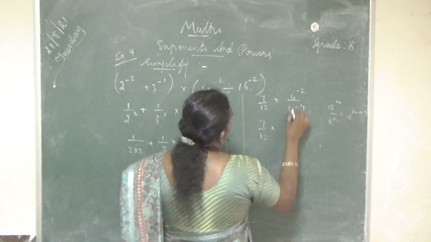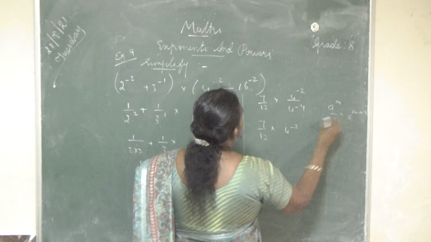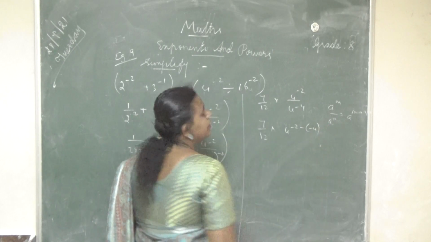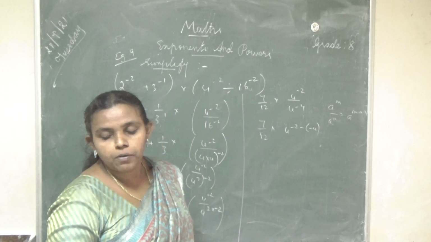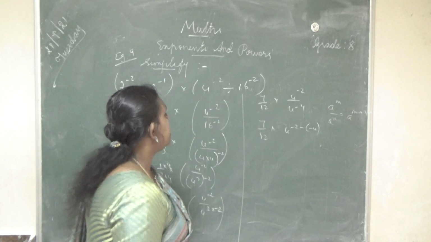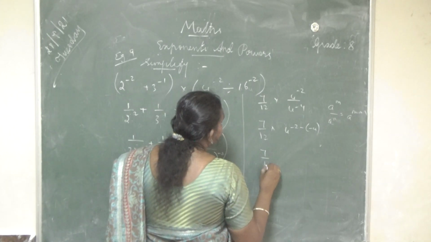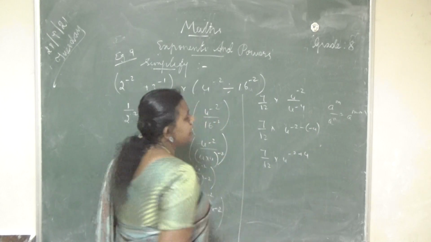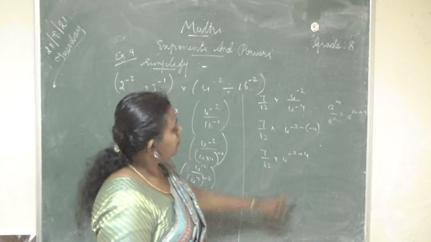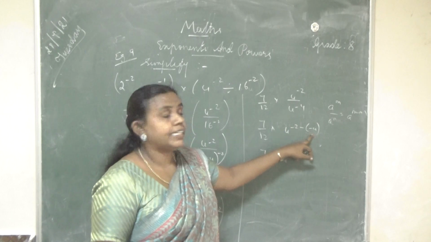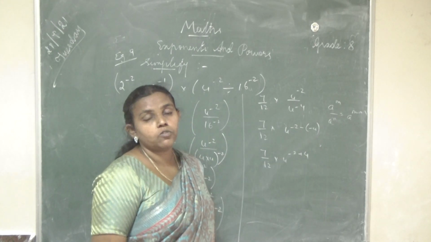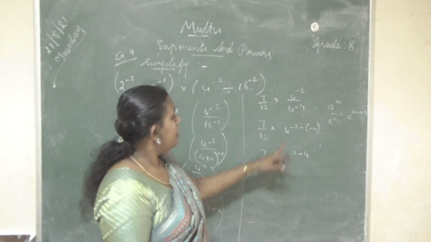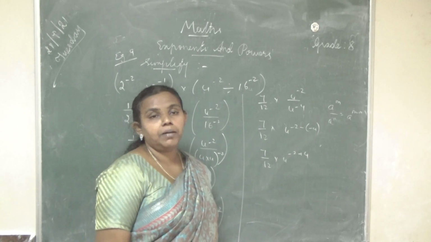7 by, so 4 power minus 2 minus of minus 4. Clear? 4 power minus 2 minus of minus 4, which is equal to 7 by 12 into 4 power minus 2 minus into minus plus 4. Say minus into minus plus. I already explained this, why ma'am has put minus 2, minus 4. Don't think that ma'am has simply written one minus.